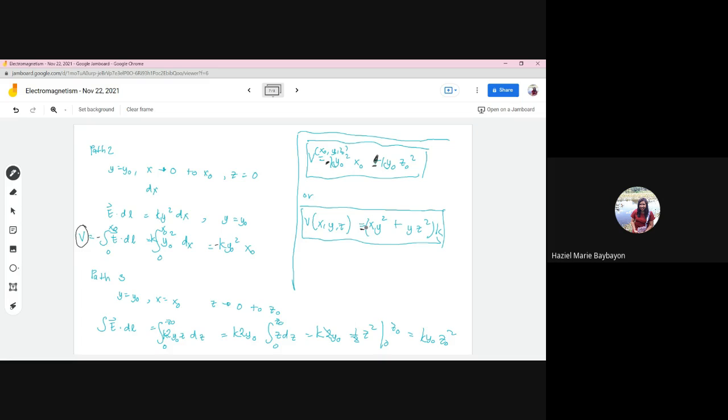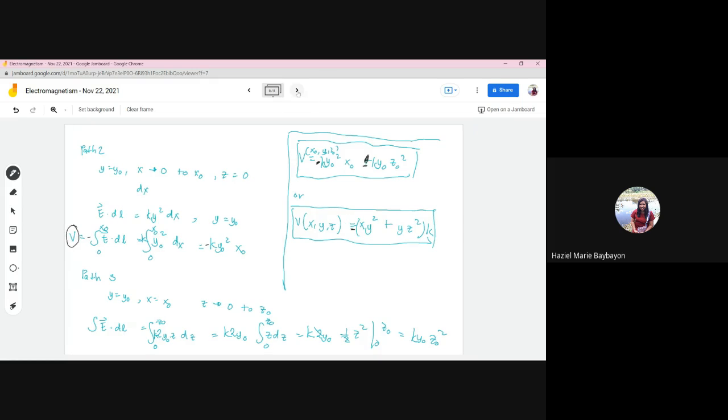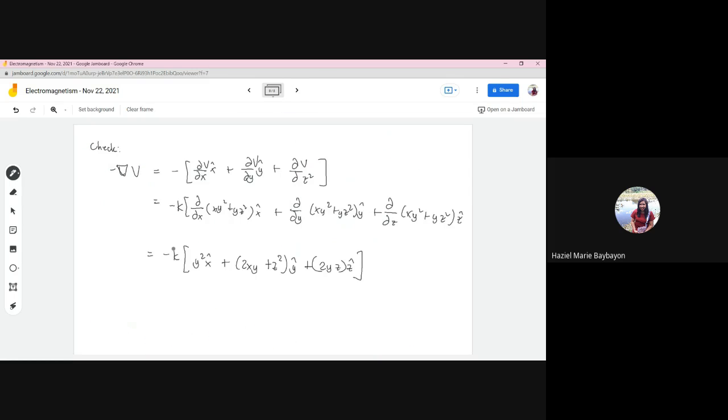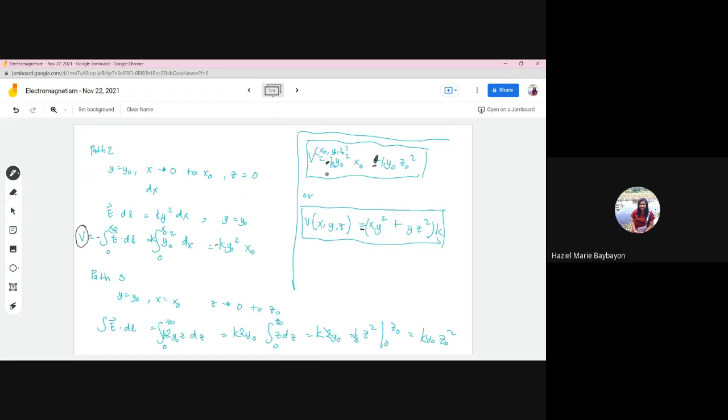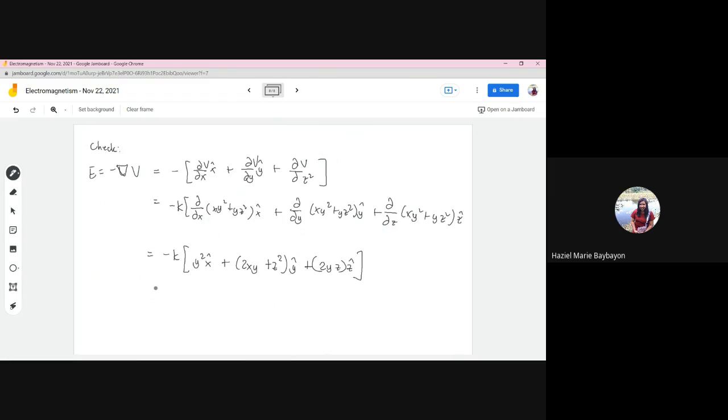Therefore, when we check, there is a negative sign already: E is equal to the negative gradient of the electric potential. So our V is negative, right? Negative of a negative potential gives positive.